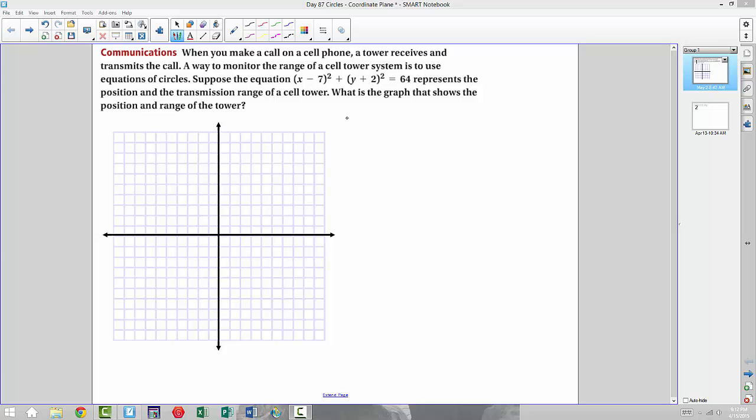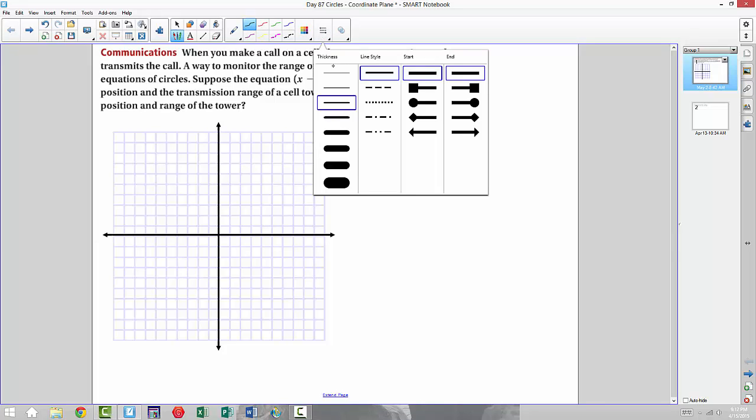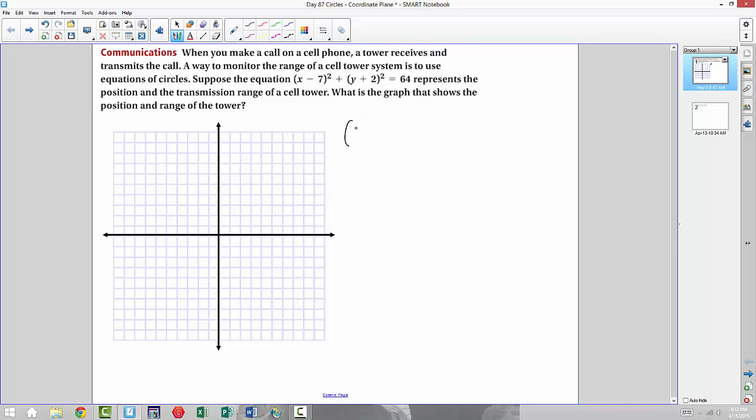So if I'm given the equation x minus 7 squared plus y plus 2 squared equals 64, I need to find the center of the circle. Well, the center of the circle is h, k, so here's h, here's k. So the center is at 7, negative 2.